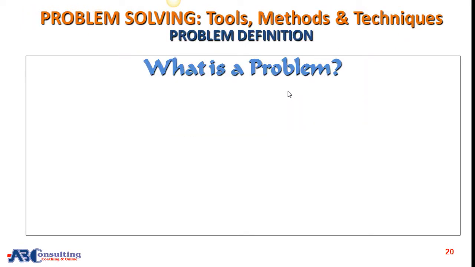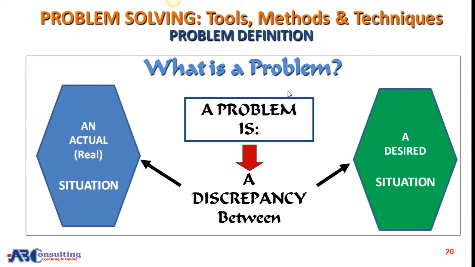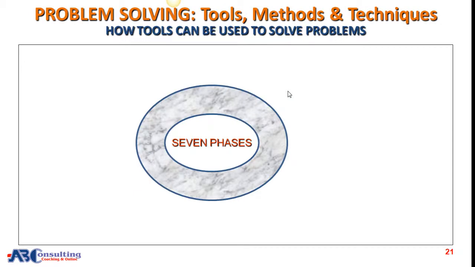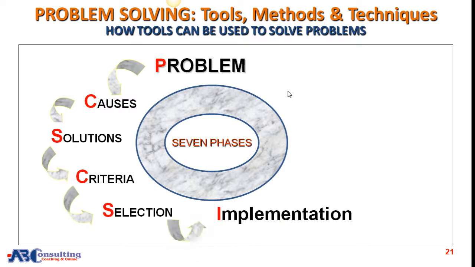So we started off by asking ourselves, what is a problem? And we have defined it as a discrepancy between 2 situations, the real one and the desired one. And then if you go on to the 7 phases, you will find that this is a complete practical stage in terms of measure.